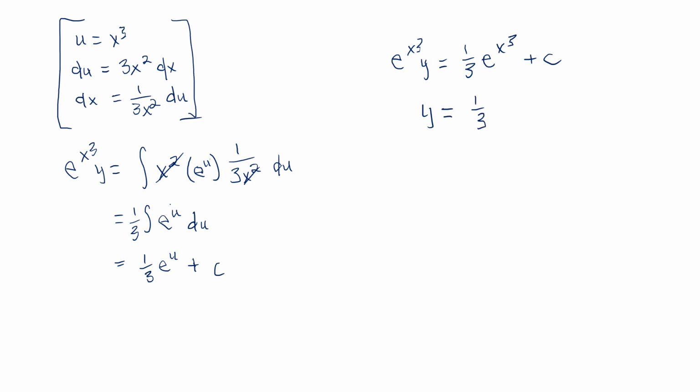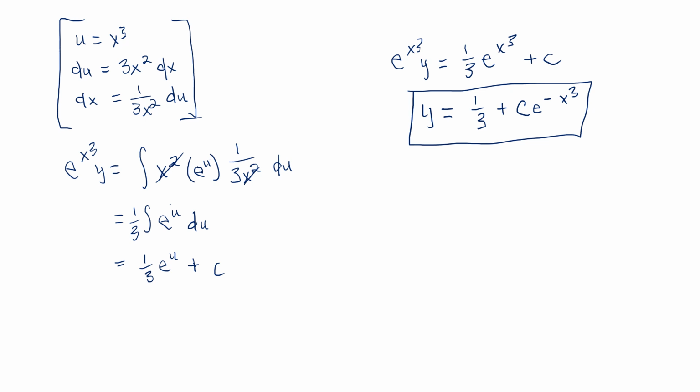When we divide this first term by e to the power x cubed, the e to the power x cubed terms cancel, giving us 1/3 plus c. E, when it's in the denominator, we can move it to the numerator, with a minus x cubed. Okay, and so this is our general solution.